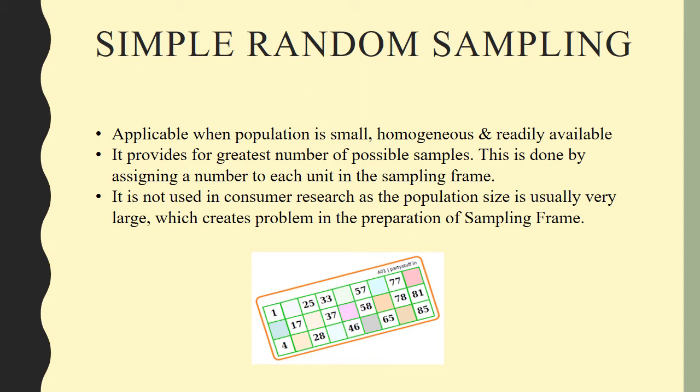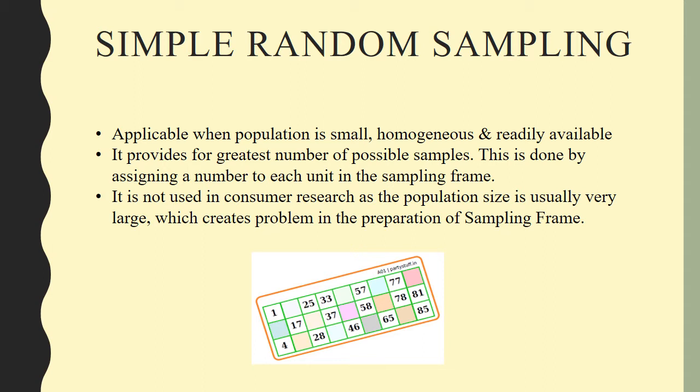Simple random sampling is a very simple concept. As you can see, we randomly pick. The best example for this, I have given the photo of it. Many of you play housie, or tambola, as we say. There you give the participants cards and randomly pick numbers from 1 to 100. Remember this game?